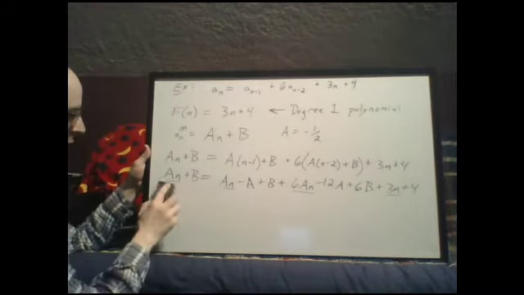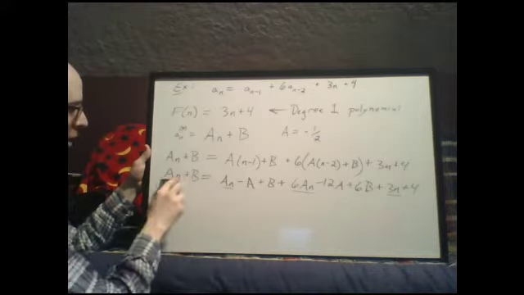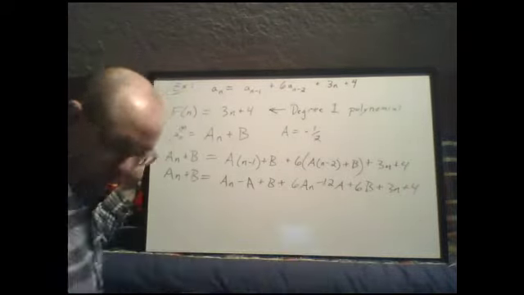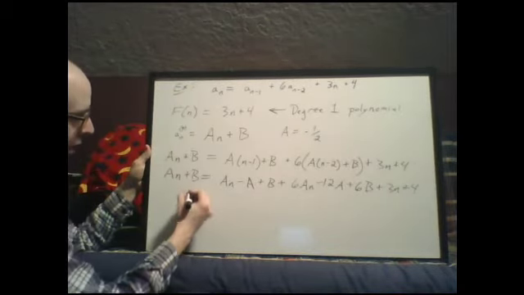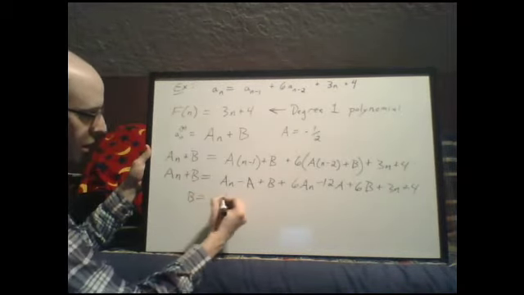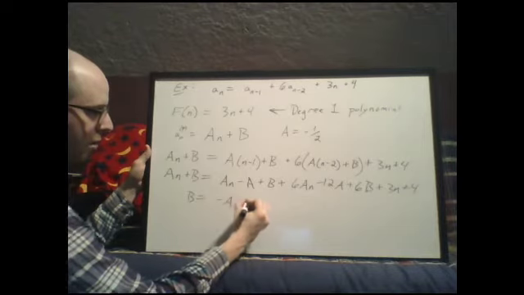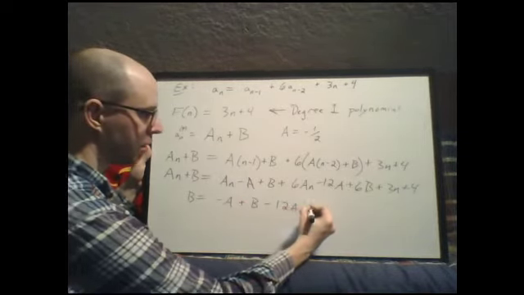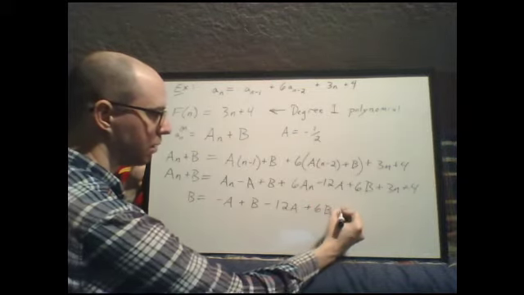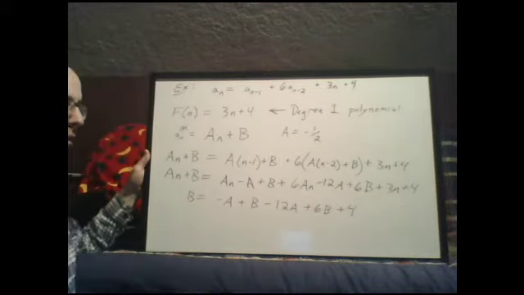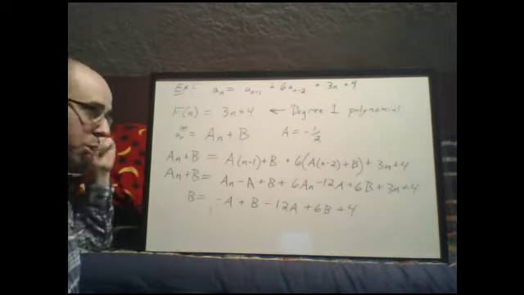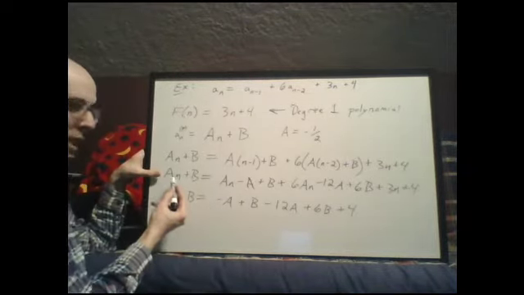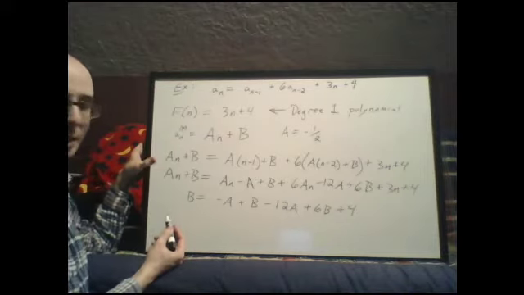So rather than look at the parts that have an n, I look at the terms that don't have an n and just match those. So B equals negative A plus B minus 12A plus 6B plus 4. We want these two sides of a polynomial equation to be equal, so the coefficients on each power of the variable have to be the same.